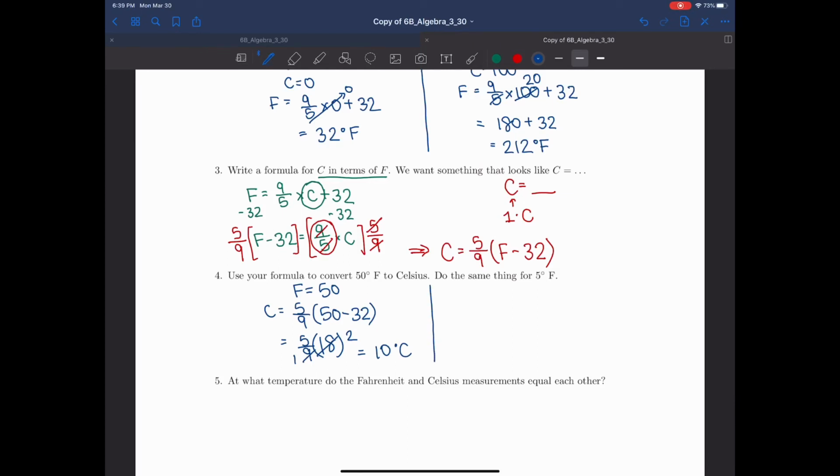All right. And for the next one, we want to do the same for 5 degrees Fahrenheit. So this one's going to be slightly trickier because we're going to need negative numbers. So now we have 5 minus 32. Well, 5 minus 32, we can think of it as adding 5 and negative 32. These are two numbers of opposite signs. So it's actually telling us, okay, we need to subtract these two first.